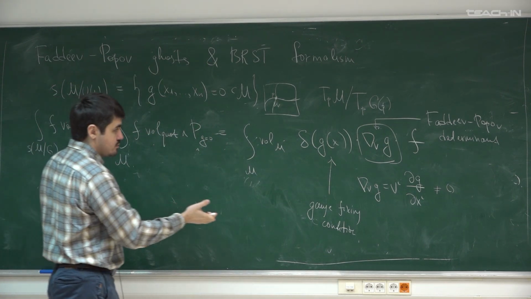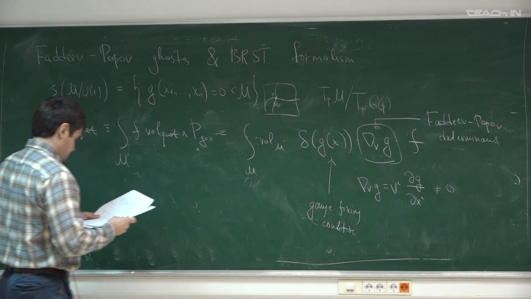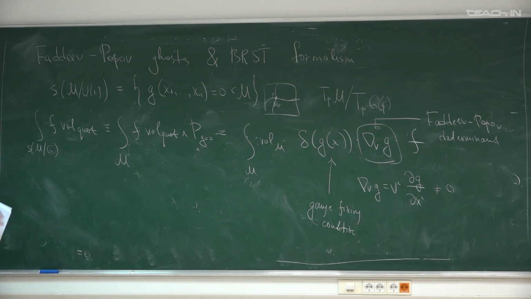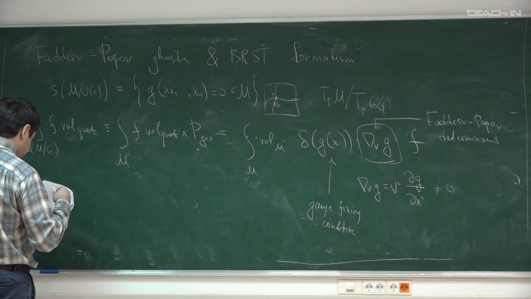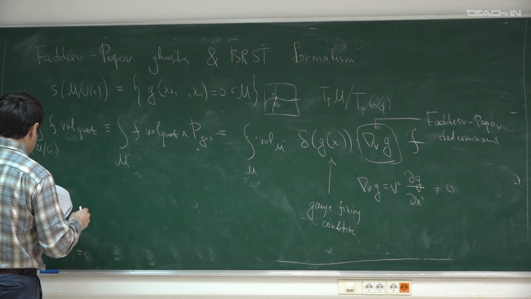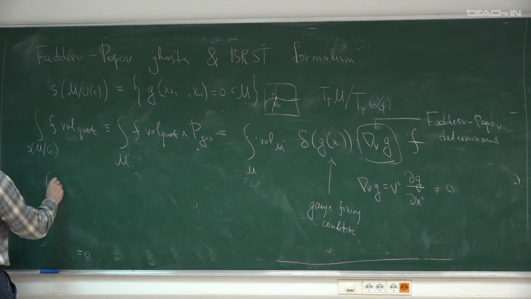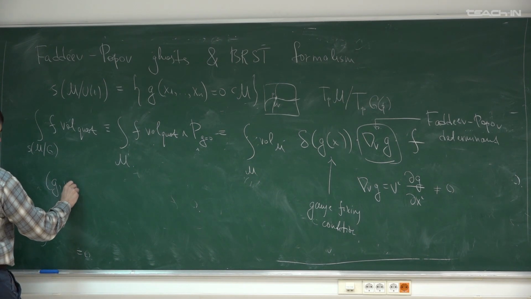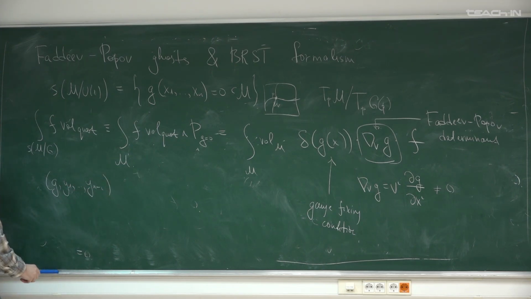So what that means, we want to just get rid of the delta function and see that it all works correctly. So we will pick some coordinates. In the vicinity of our manifold G equals 0, we can pick coordinates g, y1, ..., yn minus 1, right?